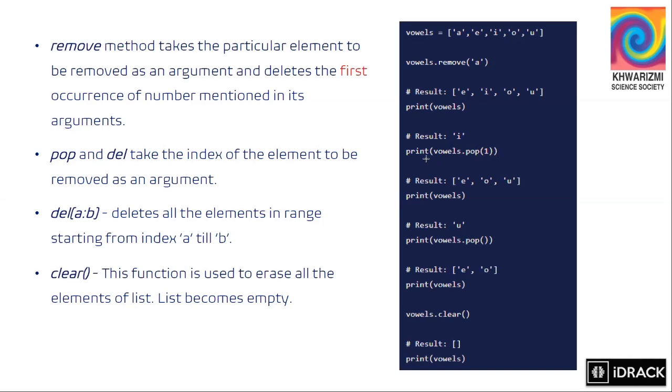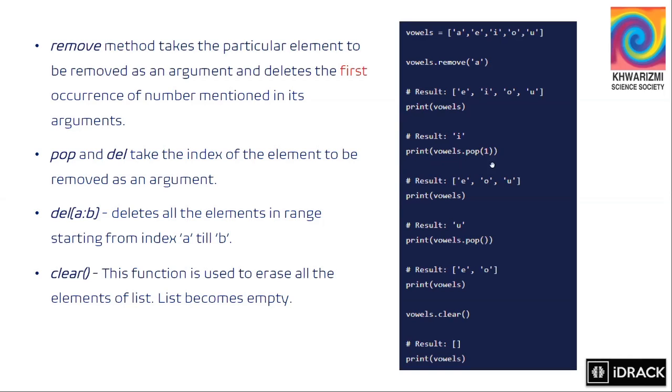So if you say print, now this here, if you notice, they're combining two functions. So you could have done vowels dot pop and 1 in the bracket and then printed vowels, or you can combine it in one, like we've been doing in the past as well.